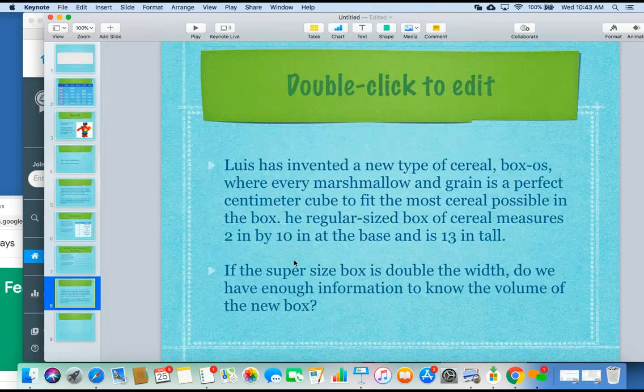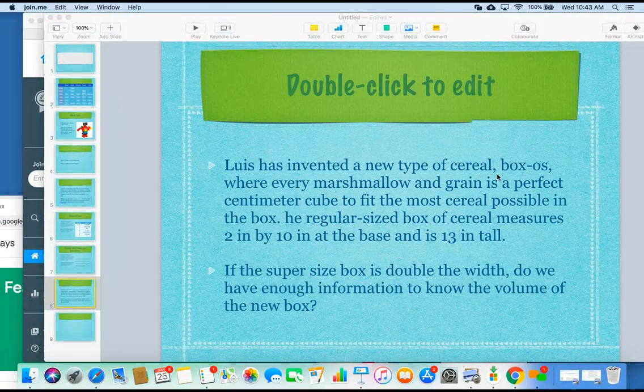So my last challenge for you is, if the supersized box is double the width, do we have enough information to know the volume of the new box? Put yes or no in the chat. Yes or no in the chat. If it is double the width, do we have enough information to know the volume of the new box? Just because you're unmuted does not mean you shout out.